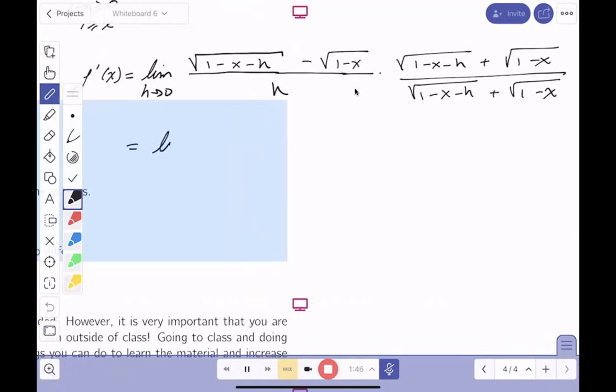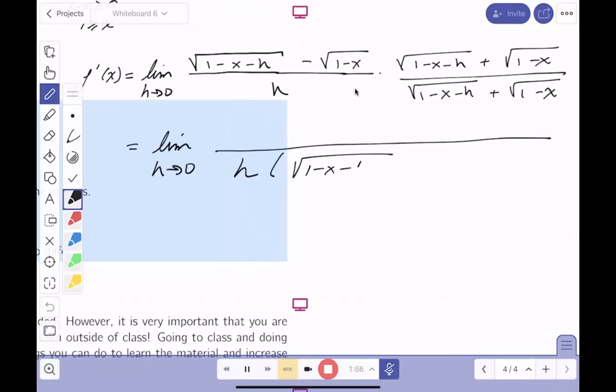Let's write this down. Limit as h goes to 0. The bottom is h times (the root of 1 minus x minus h plus the root of 1 minus x). What do you get on top? Well, it's sort of a nightmare, but we can write it down. Conjugates are nice.